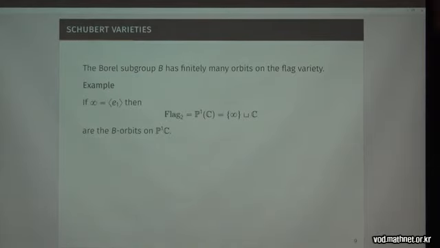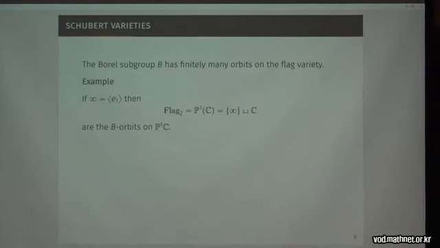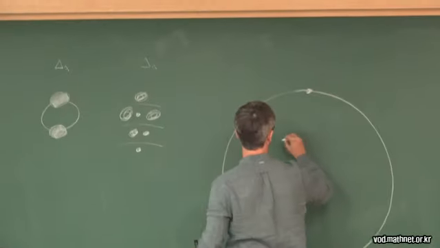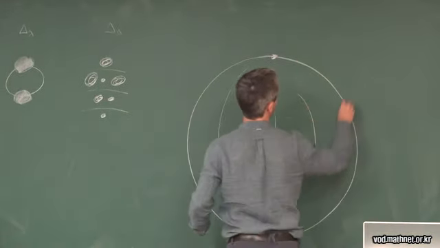So in our simple example of n equals 2, here we have P1 of C. So this is a big Riemann sphere.